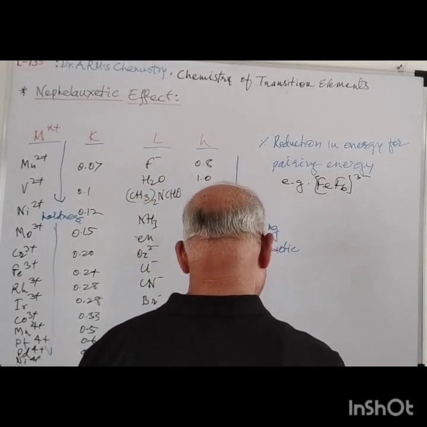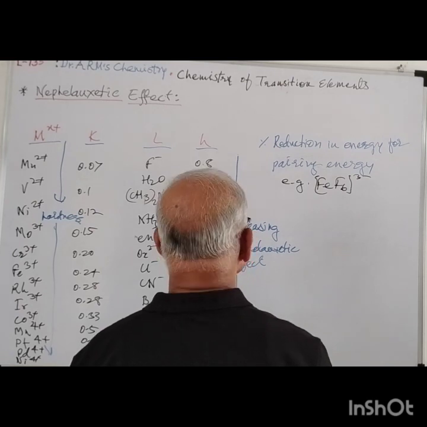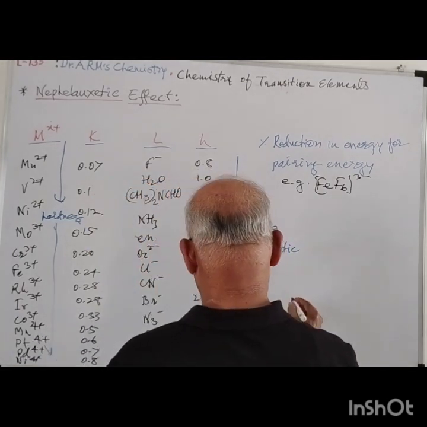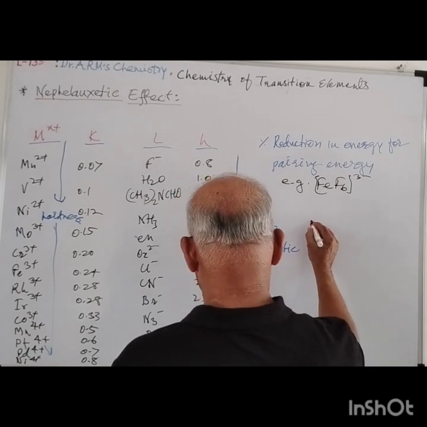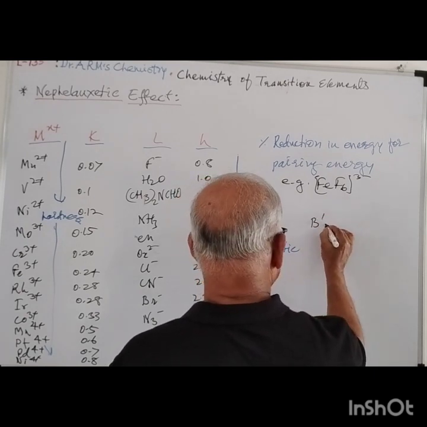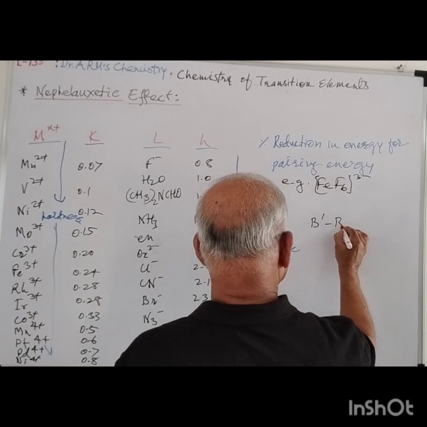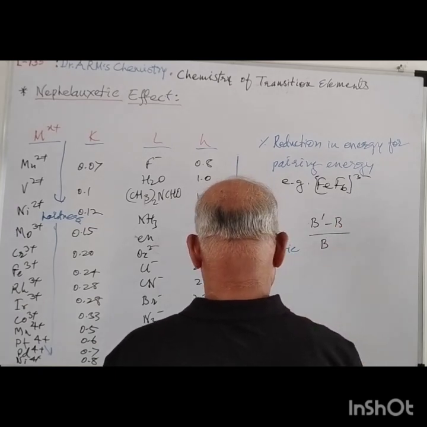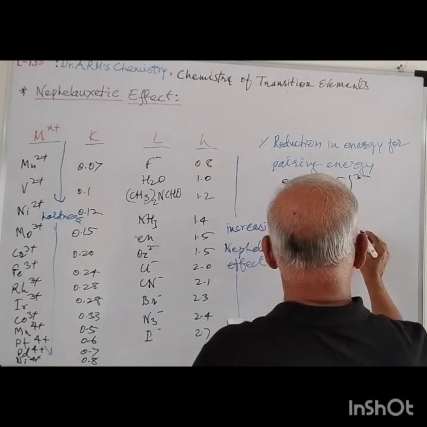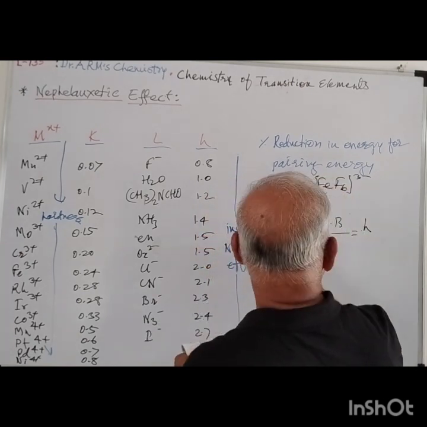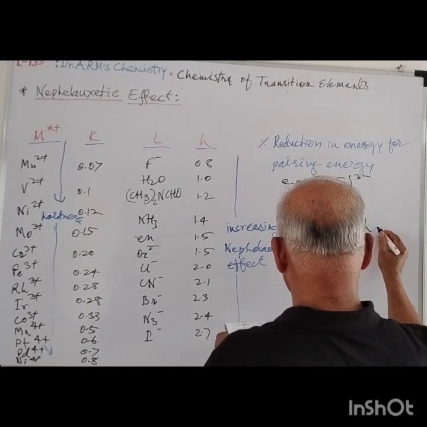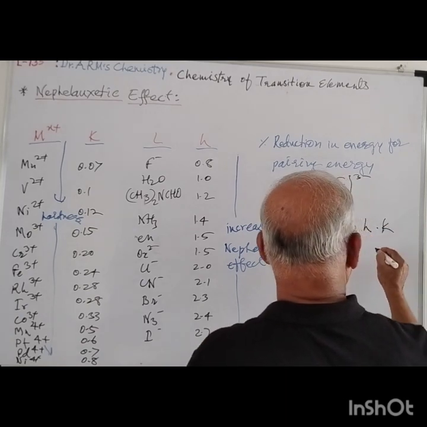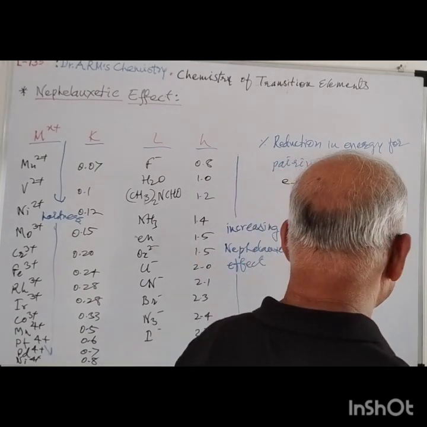So from our data, from this table, we have the relation: beta minus B upon B is equal to H for ligand into K for metal ions.